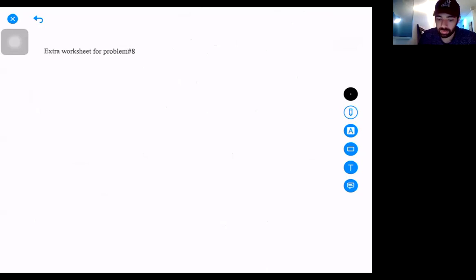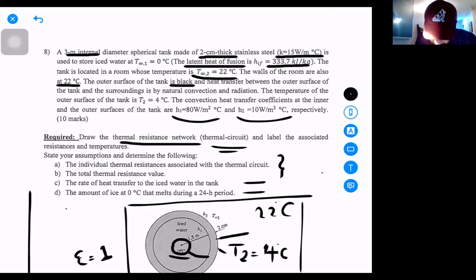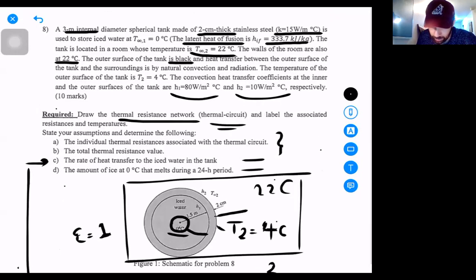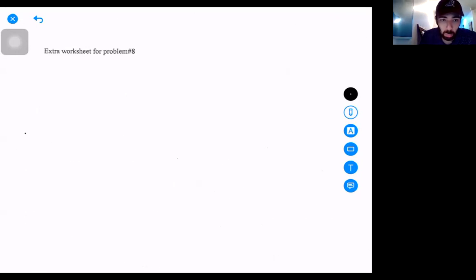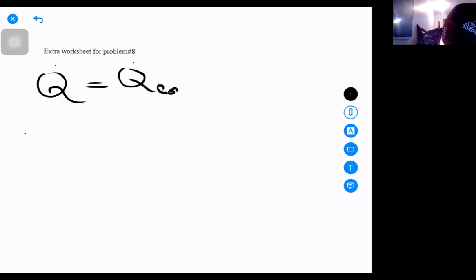So the first question that was asked is this one: the rate of heat transfer to the ice water in the tank. We have to put the heat rate that is being transferred to the ice as the combination of the convection and the radiation.